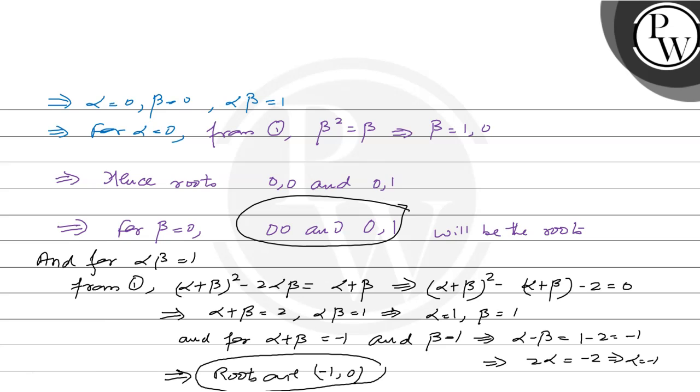And we are getting alpha plus beta as 2, and alpha beta when we are putting this one, alpha equal to 1 and beta equal to 1.